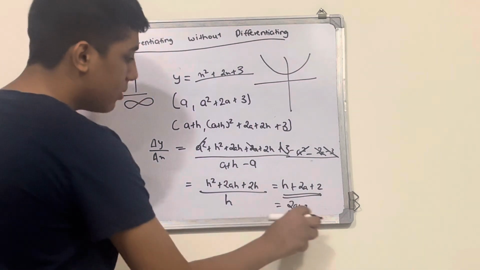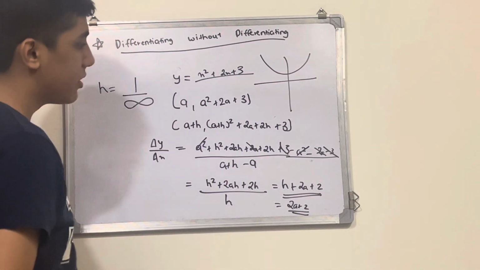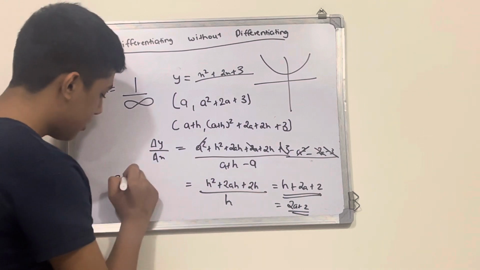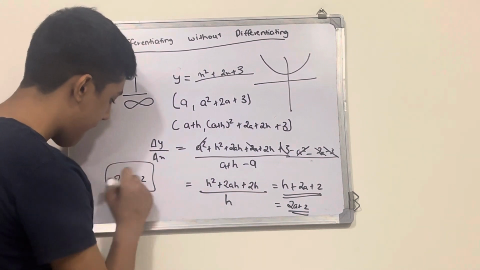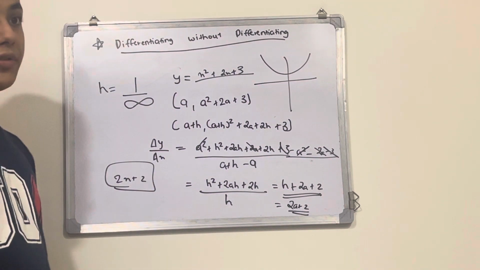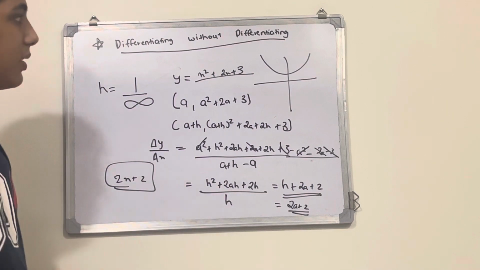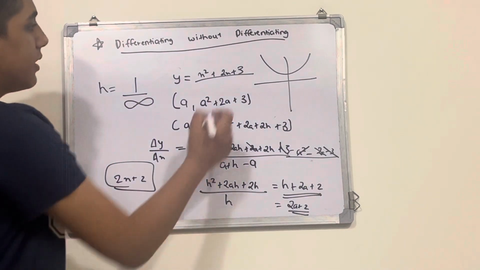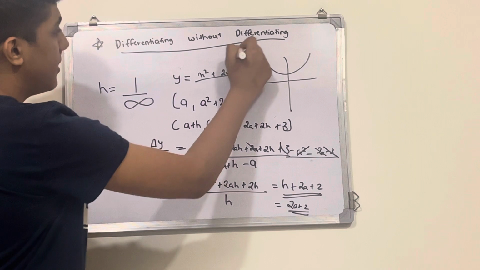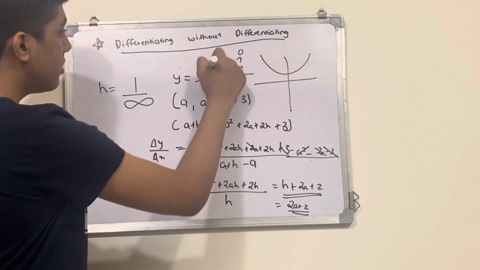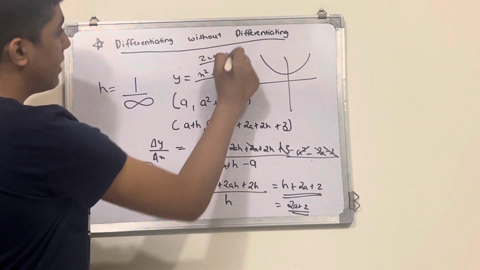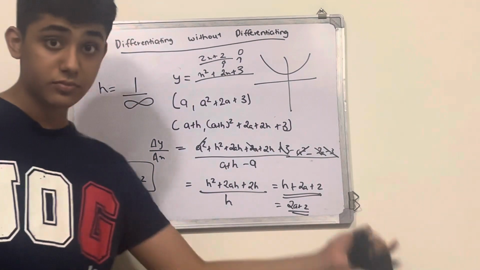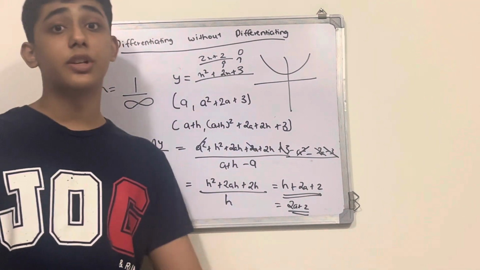Either way, 2a plus 2 is the differential, and a is basically x. So 2x plus 2. And if you have the differential formula, you just differentiate this and it gives you 2x plus 2. You just differentiated it without differentiating. Thank you.